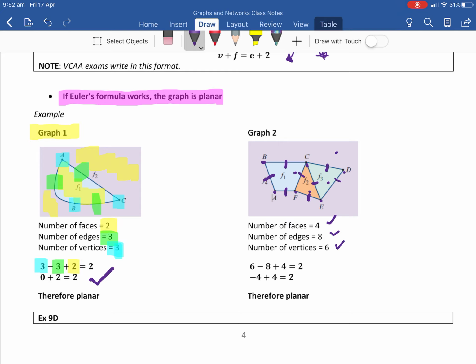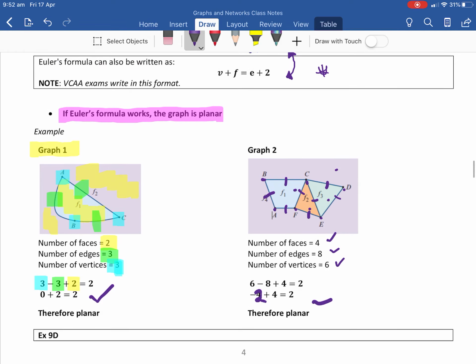So you put it into your formula, 6 minus 8. Now, there's a little error here. I'll have to tell Miss Savage off for that. 6 minus 8 is negative 2. Then plus 4, which is 2. So therefore, it is planar. Therefore, if the graph is planar, that means that none of the edges overlap each other. And that's 9D.